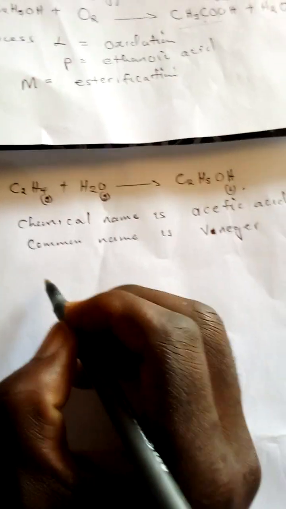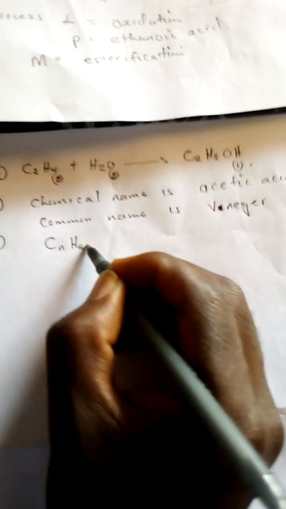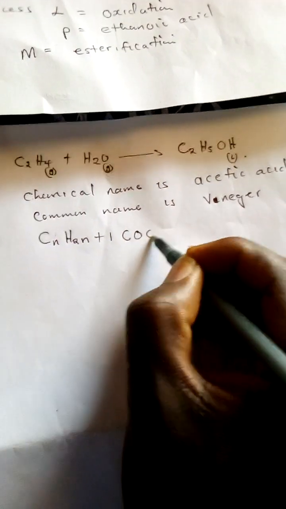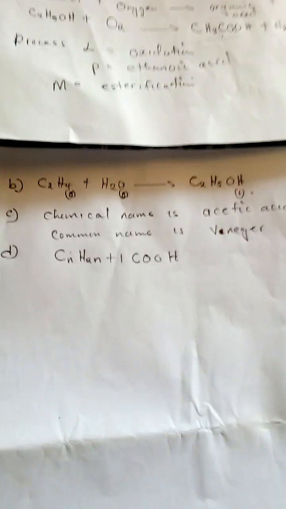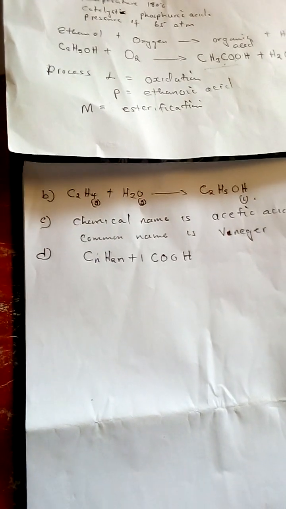So the general formula for where the organic acid, which is ethanoic acid, belongs, is given by CnH2n+1COOH. That is the general molecular formula. So when you have that, you can find any compound so long as you know the number of n.